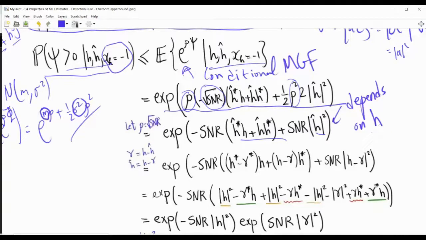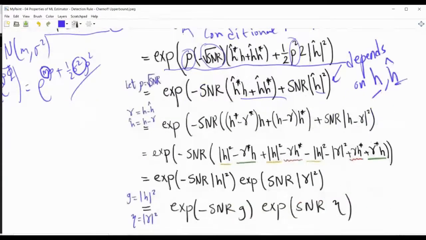So that's the reason you have an H. Your received signal corresponding to a symbol is H X_k, H the true channel. But the detection rule tells you that you should take this received signal and multiply it by the conjugate of the estimator, and then you do the other term.